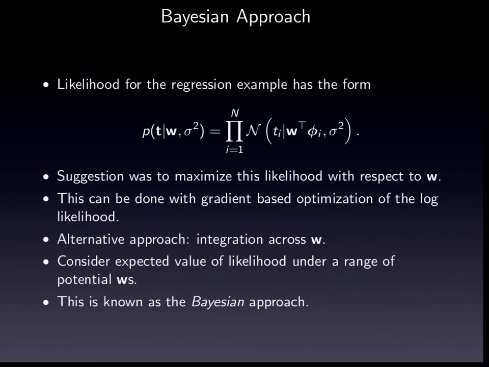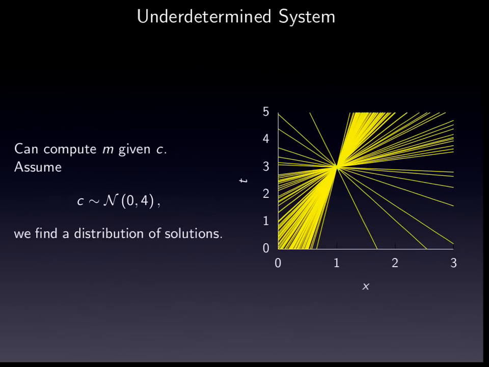So you start with a prior probability over w. That represents your early beliefs about what w should be. Then you observe data, and the data is in the form p of t given w. Once you've observed the data, you update your belief about what the model is to get the posterior.